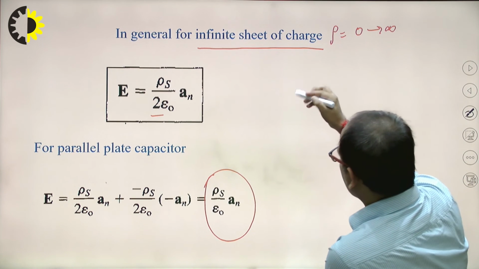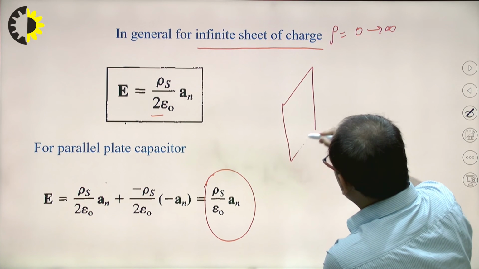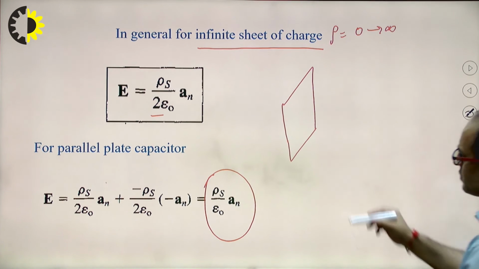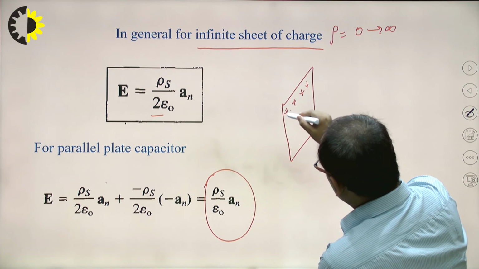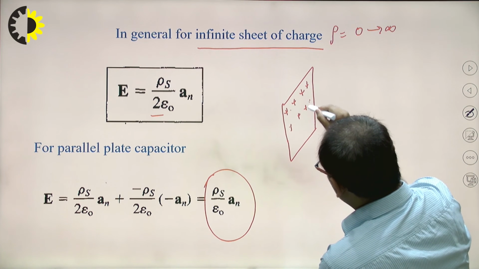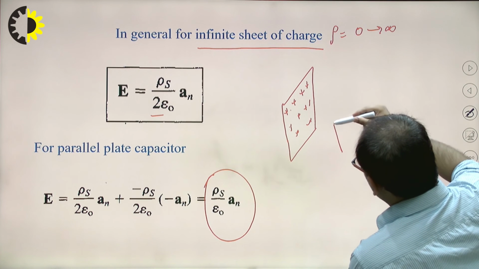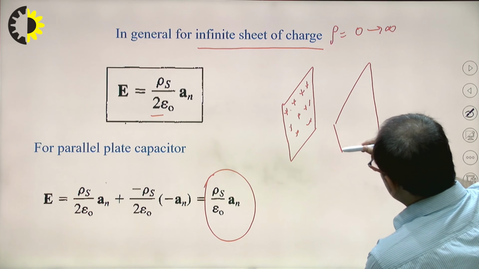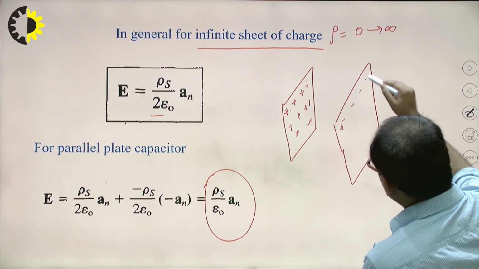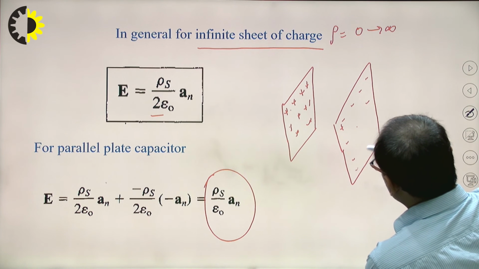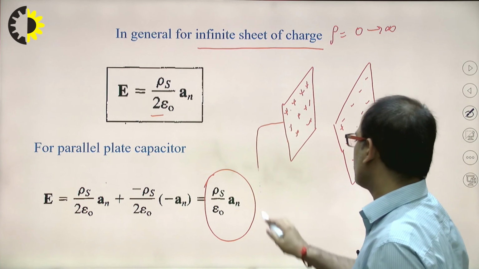You will see that if I say this is one surface having some charges, and for the parallel plate capacitor, along this surface there is also another surface having a negative charge. Clear? And this is connected to what?